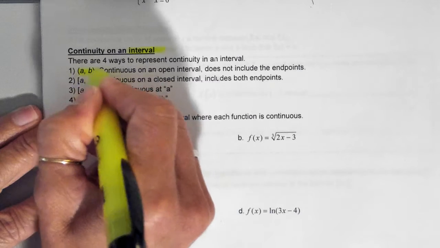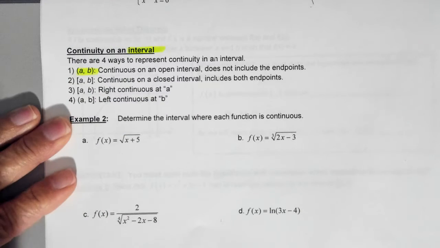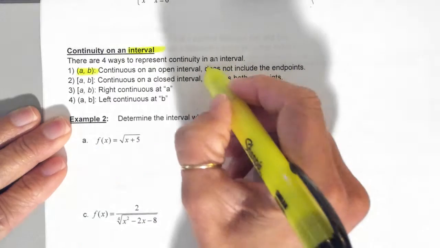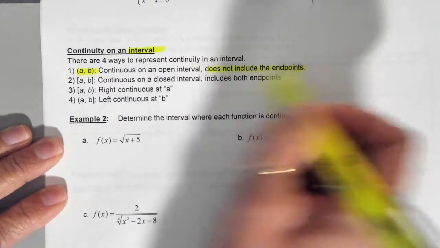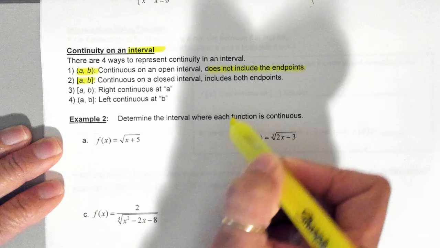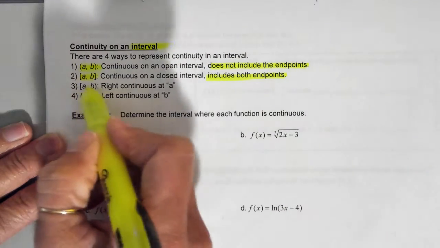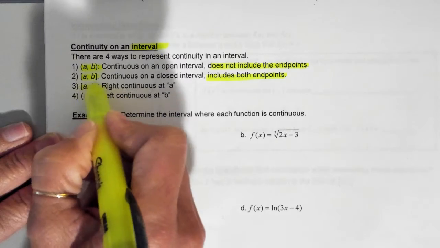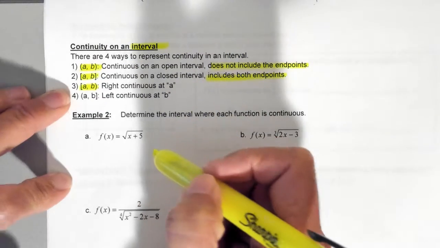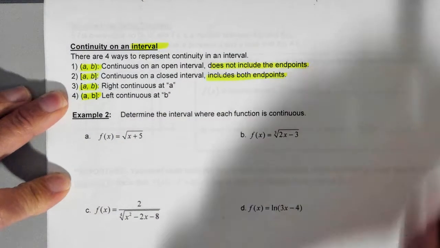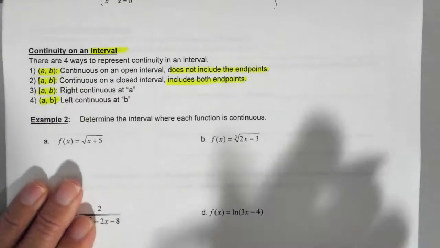If you are given an interval over which this function is continuous on an open interval, remember it does not include the endpoints. Here, your endpoints are included. Here, this is considered right continuous at A, which means A is included, or left continuous at B, where B is not included. So I'm just going to show you what the graph looks like quickly.